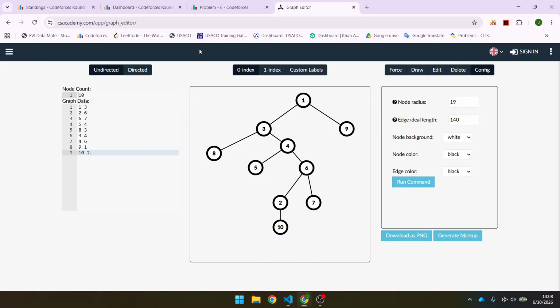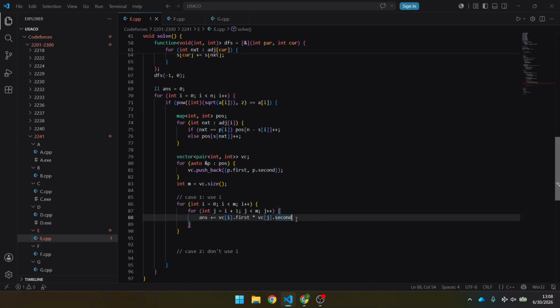Oh, this is just a value. You can choose any one of those. And it's vc i dot first times vc i dot second.